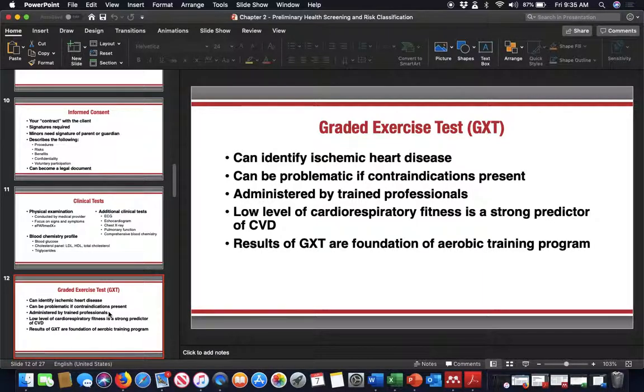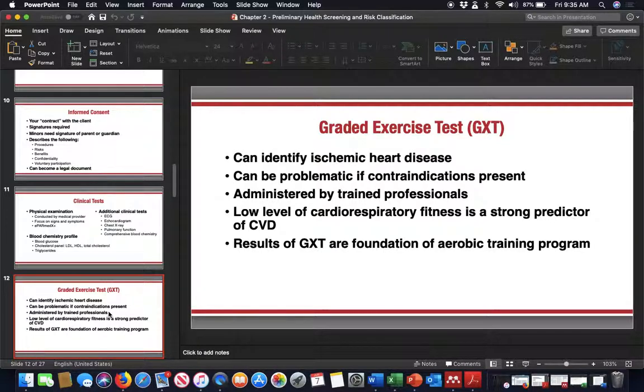The one thing about this GXT is it's going to provide you a scoring level for how fit you are cardiorespiratorily. Low CR, cardiorespiratory, fitness levels can be a strong predictor for CVD, or cardiovascular disease.